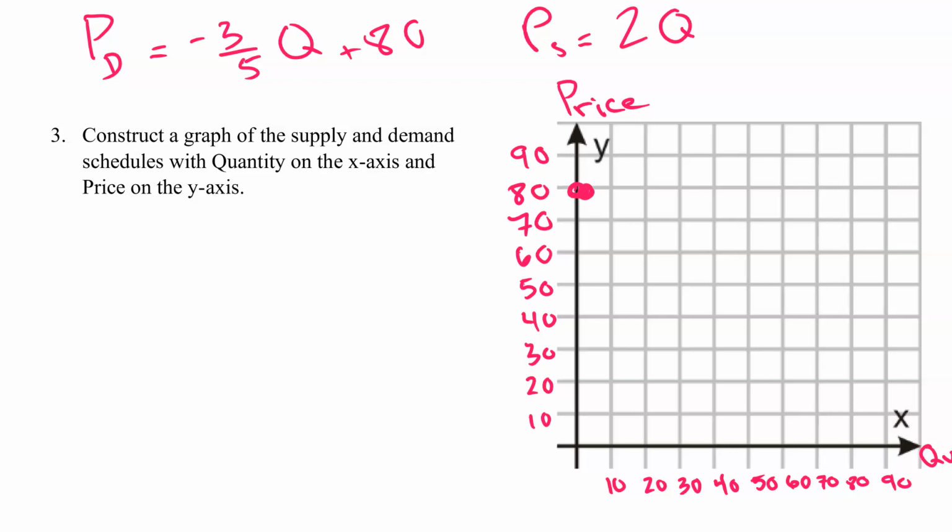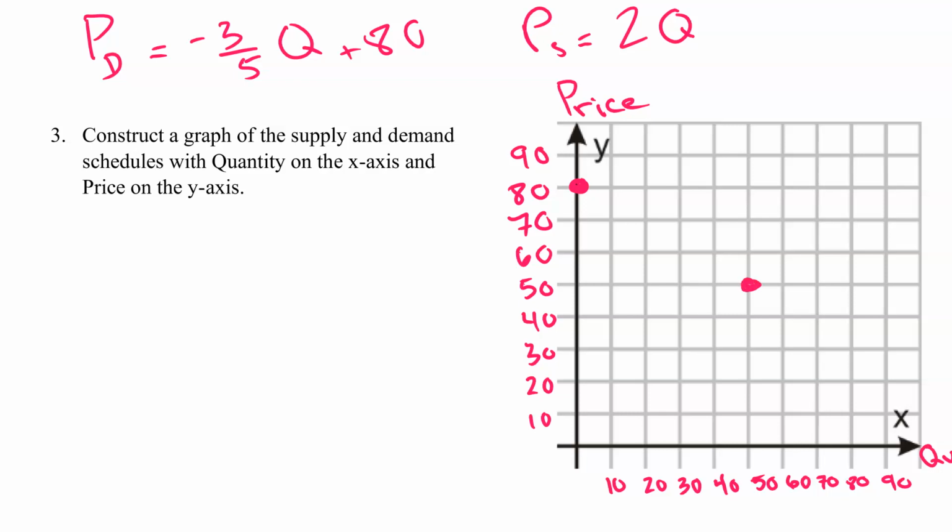And then we go 3 down and over 5. So let's go 30 and 50. So that would correspond to it when I did it 10 times. So down 30 would put me at 50, right? And over 50 would put me here.